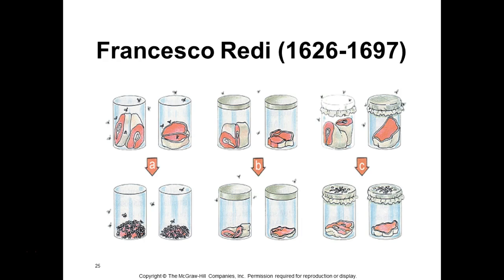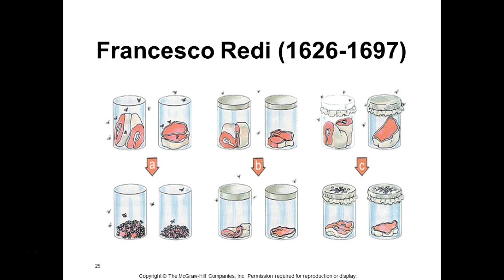Their eggs developed into maggots, the larval form of a fly. Before his experiment, most people believed that the meat actually turned into maggots. We now know that the flies actually lay the eggs, and those eggs are really small. So unless you're looking really closely, you would probably miss them.